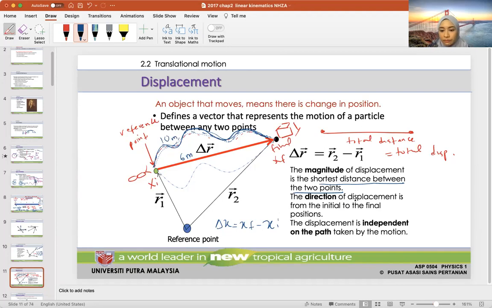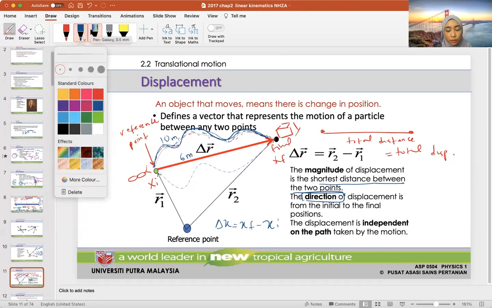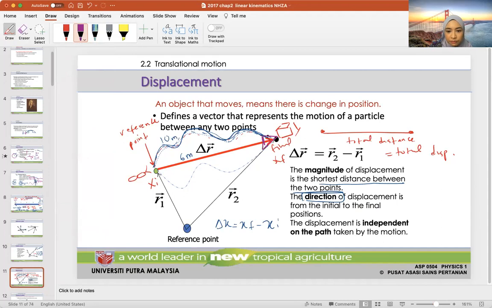So the direction of displacement is from the initial to the final position. So if I ask you what is the direction of the displacement, it is from the initial to the final, and the arrow is here at the final. So dia punya arah adalah towards final. Ini adalah arah dia bergerak. Okay, this is the direction of displacement.